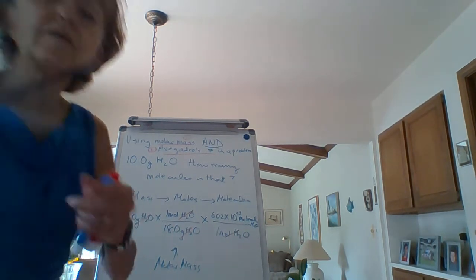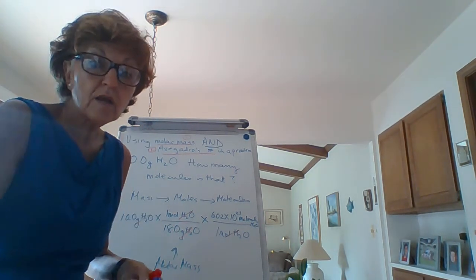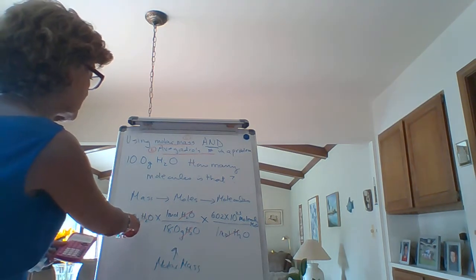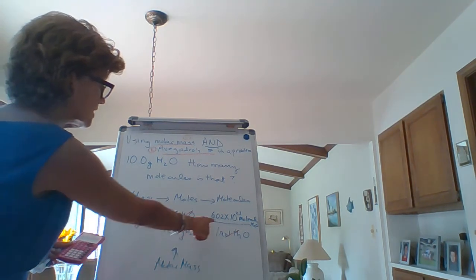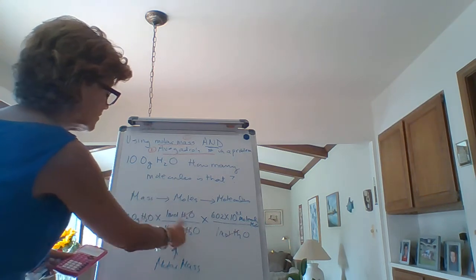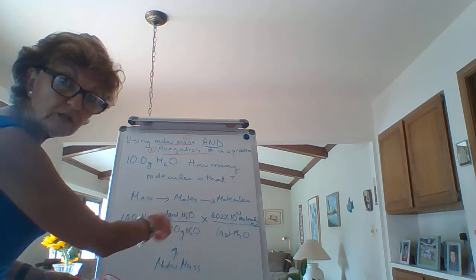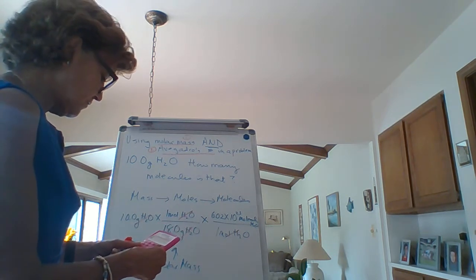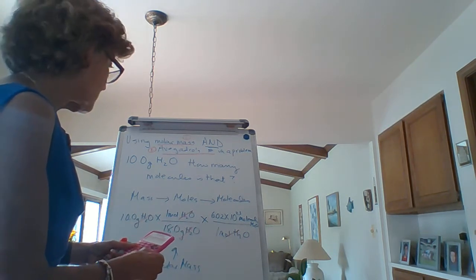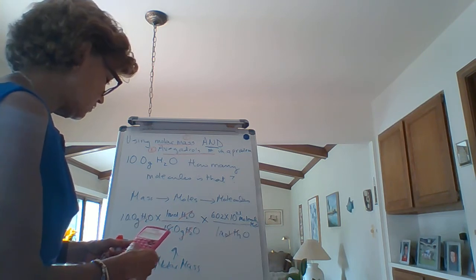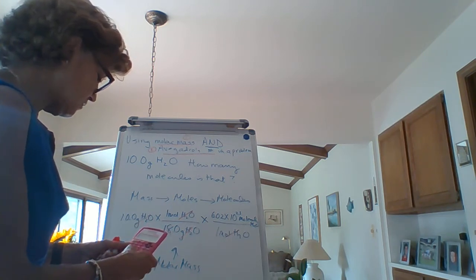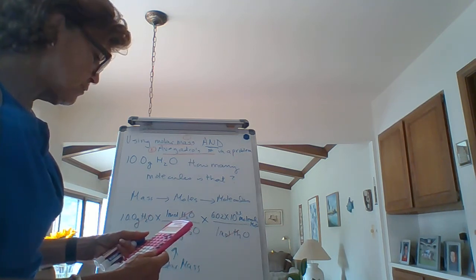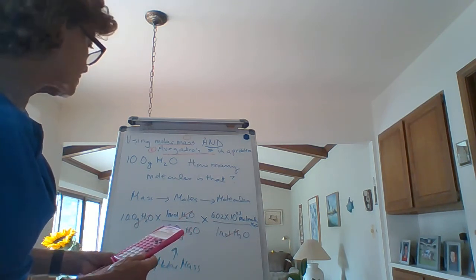All right, let me get my glasses again, and we'll pick it up. So what we want to do is go 10 divided by 18 multiplied by this. There's no exponent down here, so I don't need to use parentheses. So I'm going to go 10 divided by 18 times 6.02 times 10 caret 23, and I end up with 3.3444 times 10 to the 23rd.